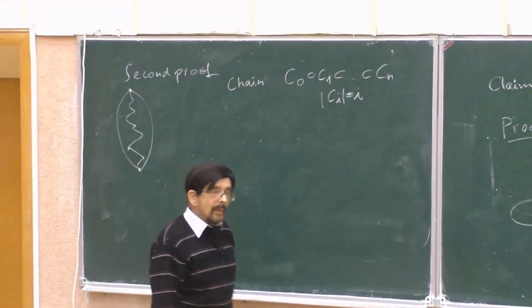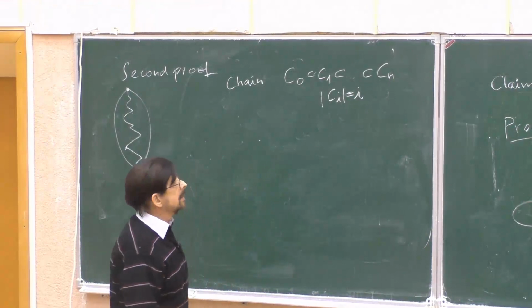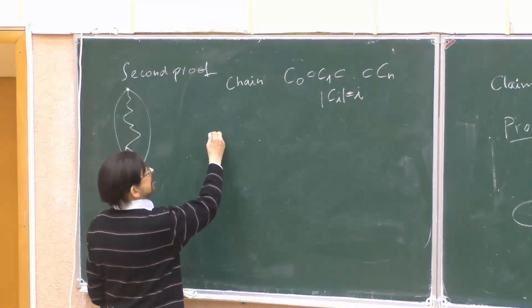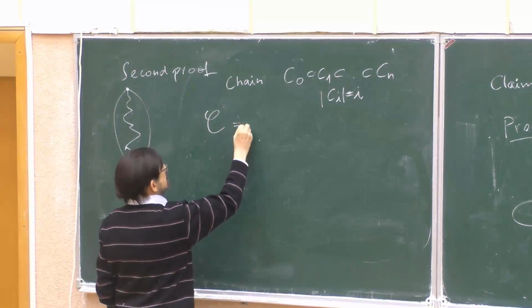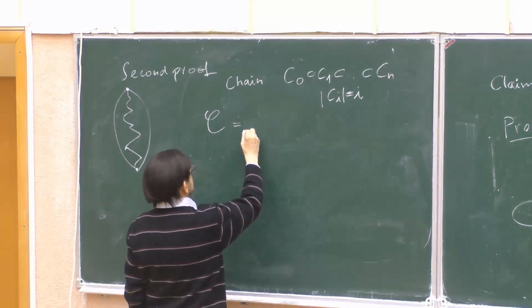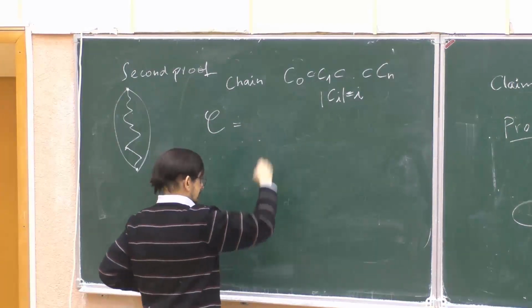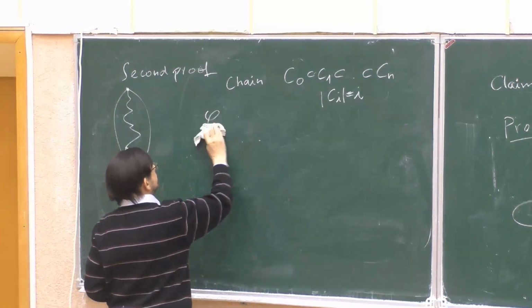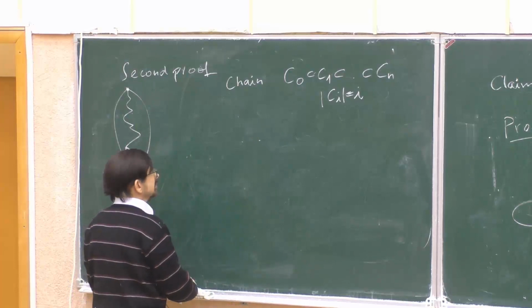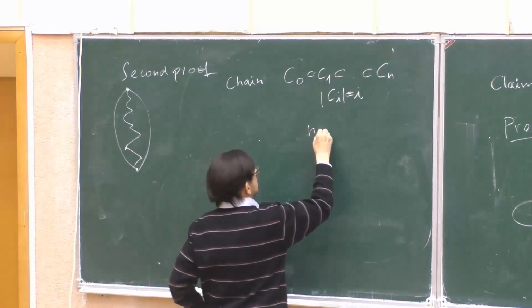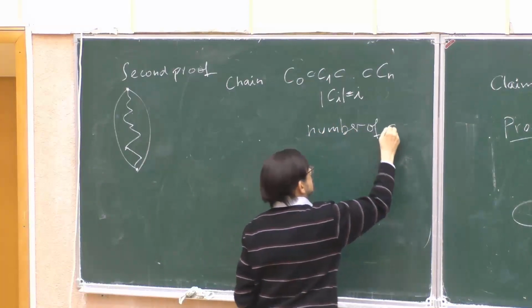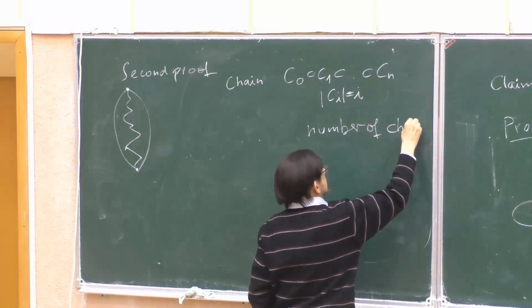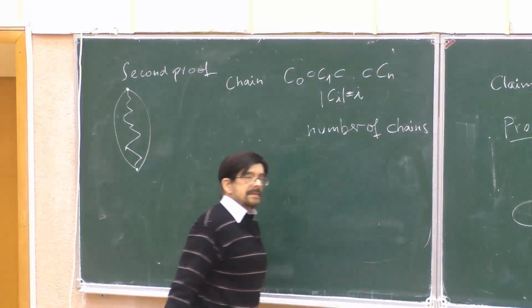So what is the number of chains? Anybody has an idea?